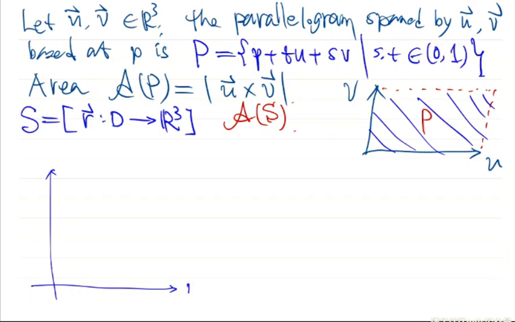This is the UV plane, two-dimensional space, and D is a domain here. Maybe I will go to the next page, I don't have enough space here. So our surface S has a parametrization, and we want to define the area of this surface.